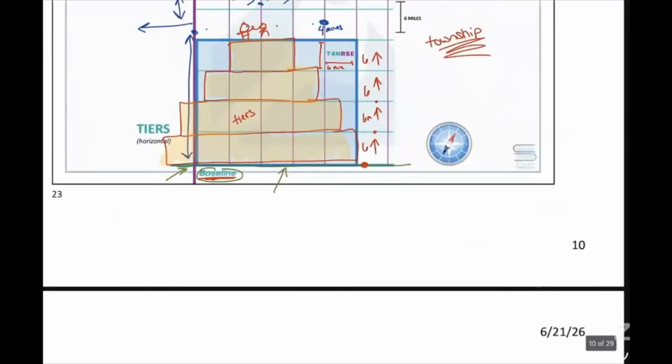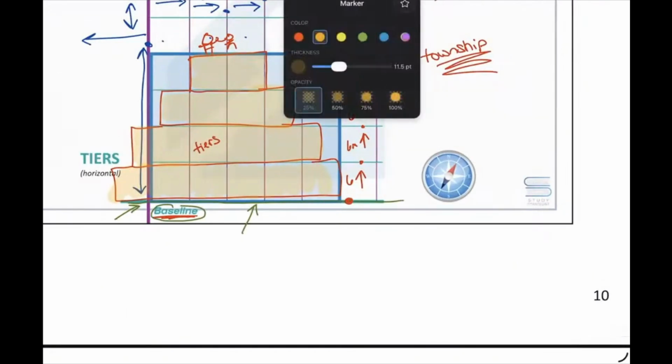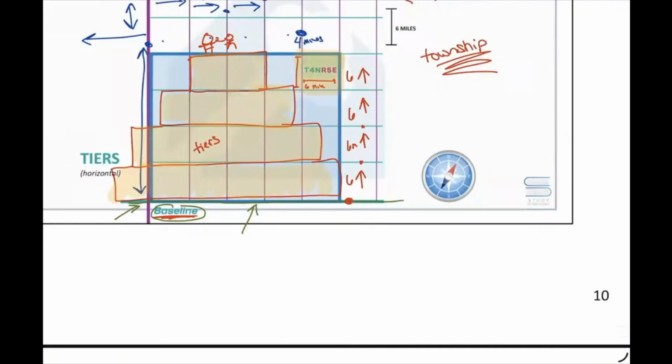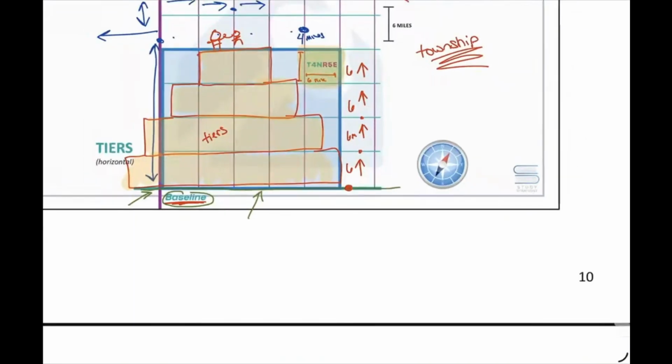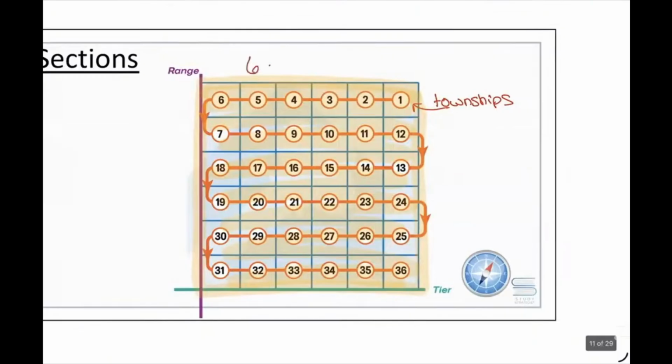Pretend that this is this right here. Because we had different townships. Let's choose a different color. Let's say it's this right here. That township goes 6 miles, and it goes 6 miles, right?